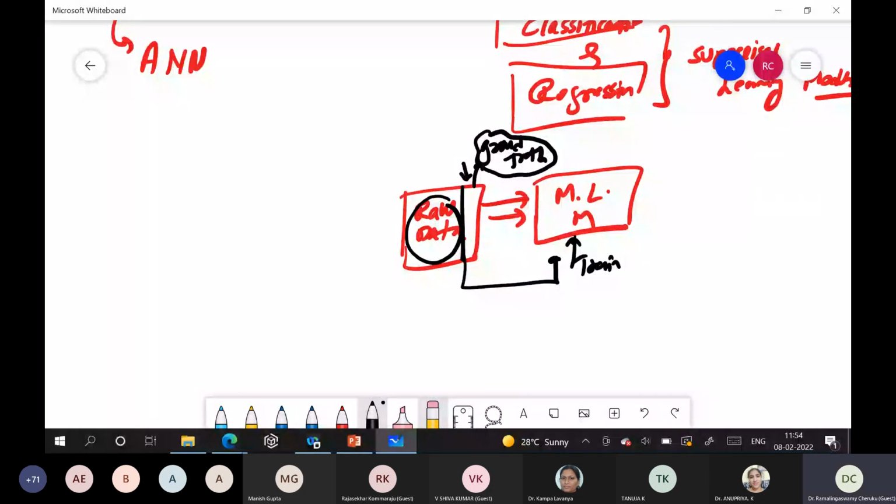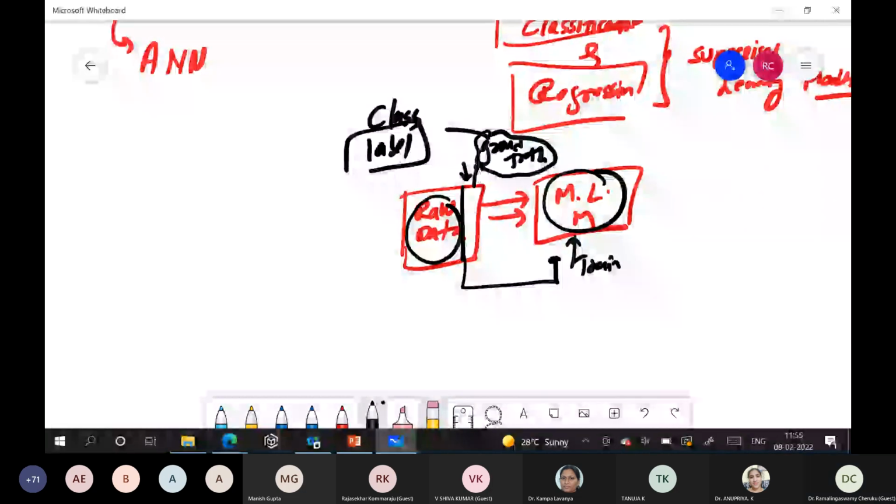So this training process will help us gain some sort of intelligence with the help of this ground truth information, which we sometimes refer to as a class label. It helps us train the model very effectively, and at the end we get the knowledge that is there in the raw data.